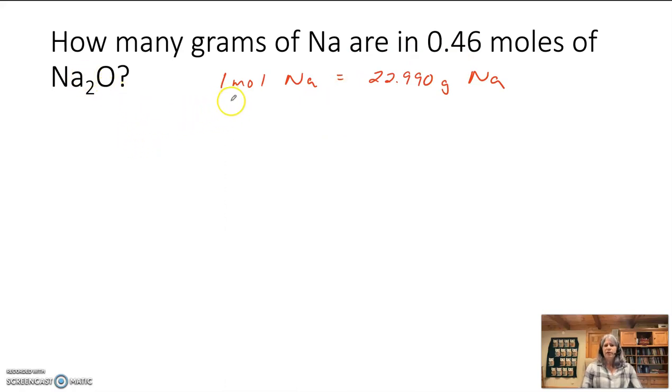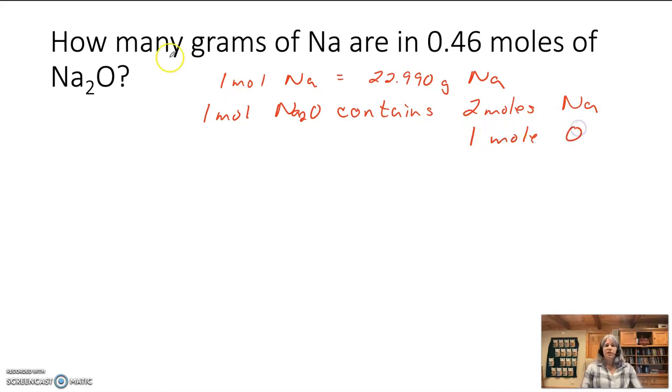Well, we know that in 1 mole of Na2O, 1 mole of Na2O contains 2 moles of sodium and 1 mole of oxygen, right? So we know that again from the chemical formula. That's what these numbers mean. They convert in moles, not in grams. 2 moles of sodium for every 1 mole of oxygen.